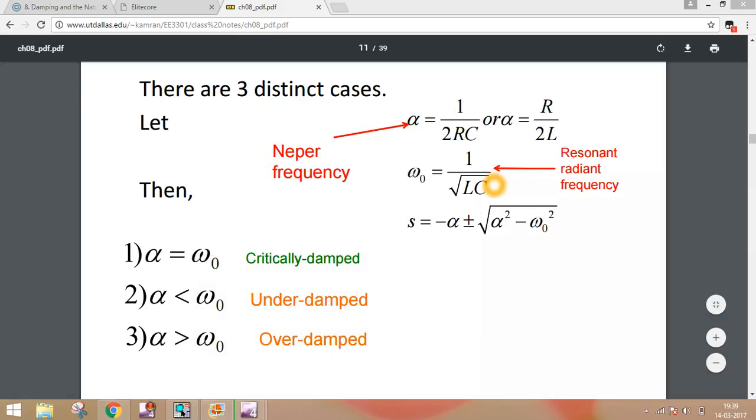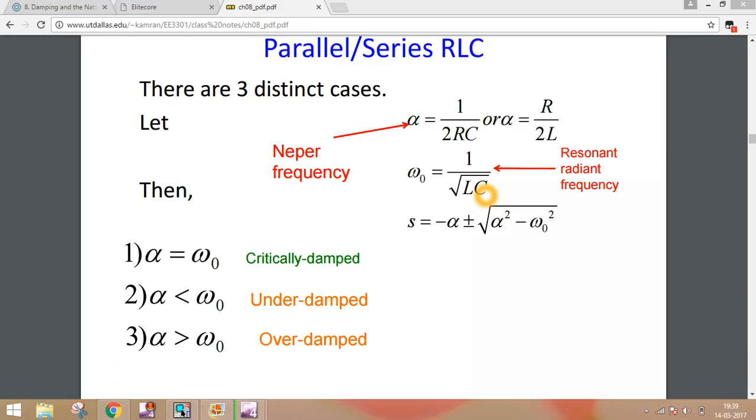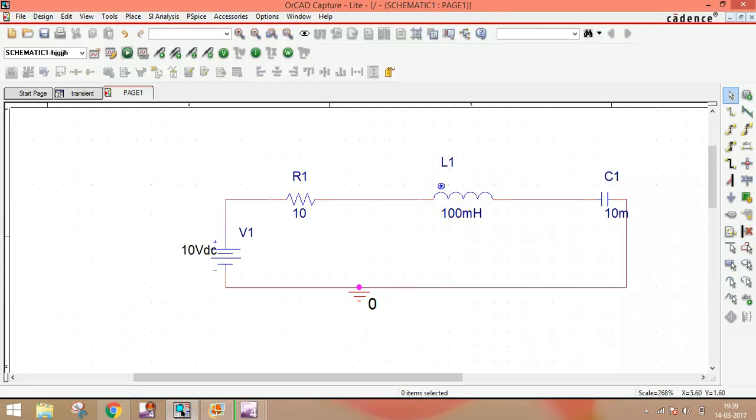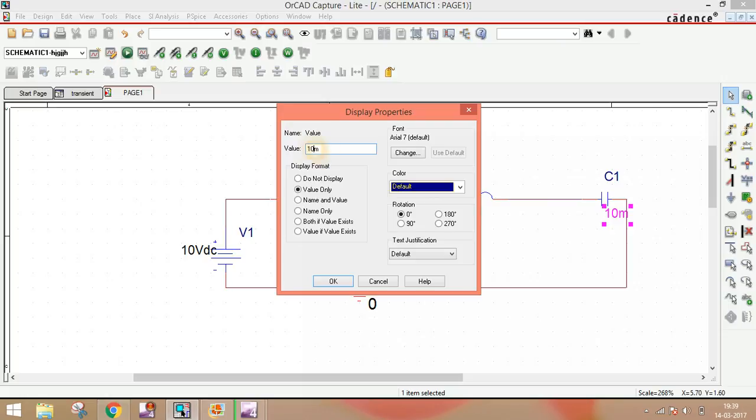For underdamped capacitance is greater than 4 mF, and for overdamped it is less than 4 mF. According to this way we can set our value. Here we set resistance equal to 10 ohm and inductance 100 millihenry, and capacitance we have to set for critical, overdamped and underdamped; for critical, omega naught and alpha are equal.